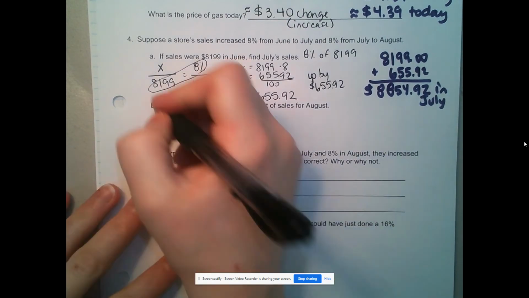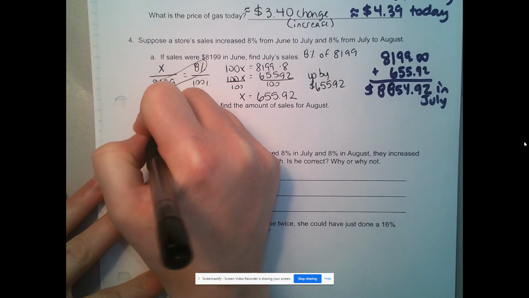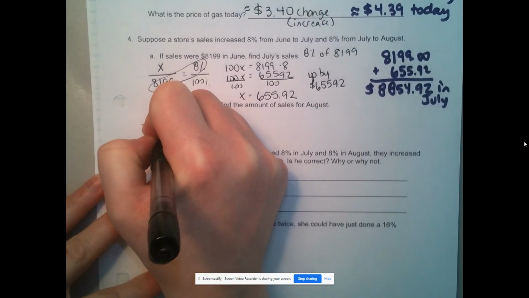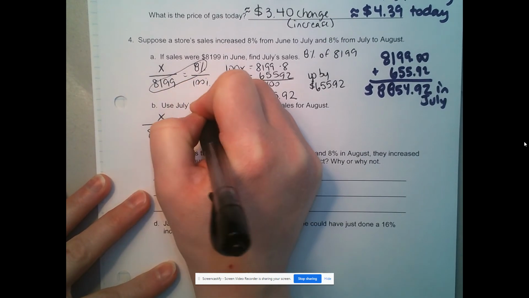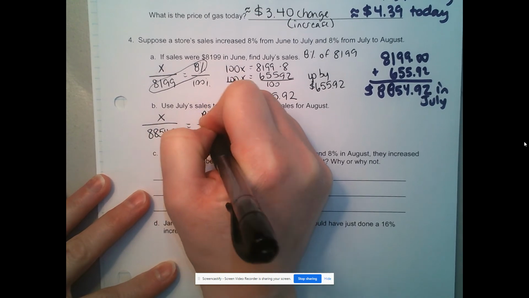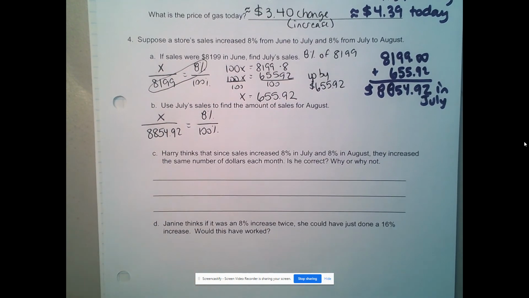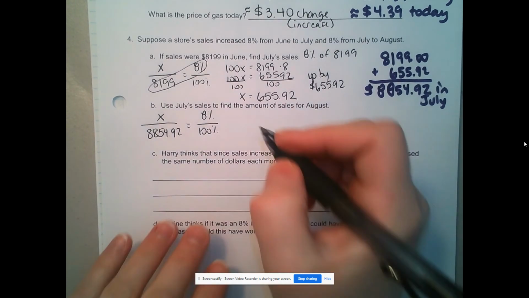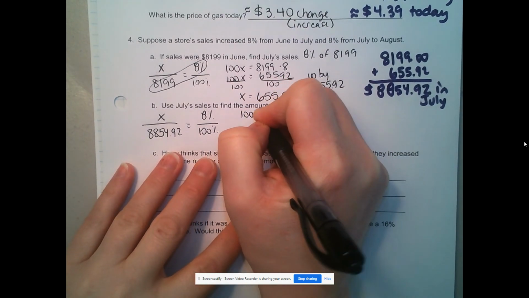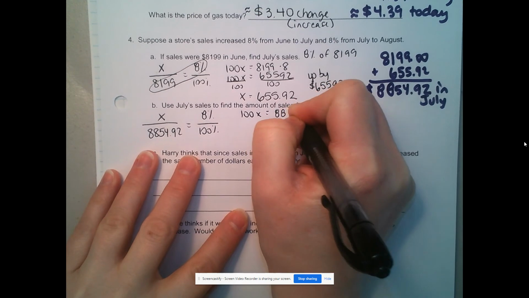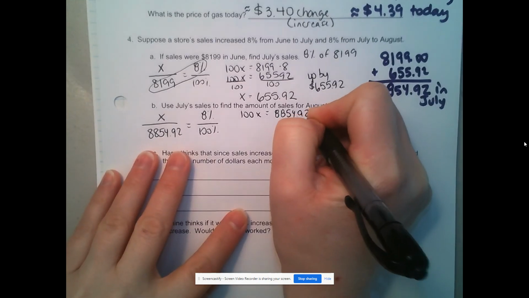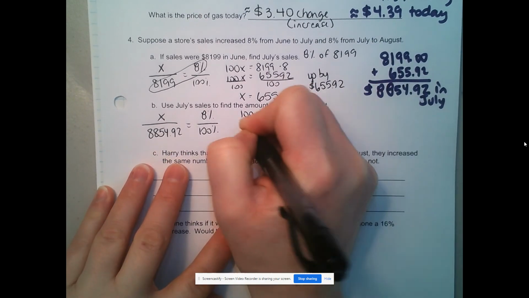Now, our July sales went up 8% to get to August's price. So we're going to do the same process again, but this time we've got to put the 8854.92 in the denominator and find 8% of that new amount that was July's sales. So when we cross multiply, 100X equals this new larger amount for July times 8.